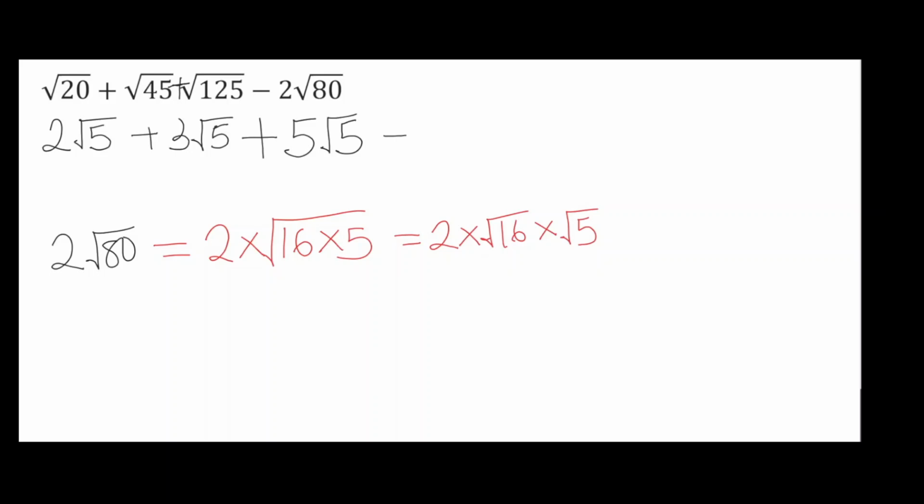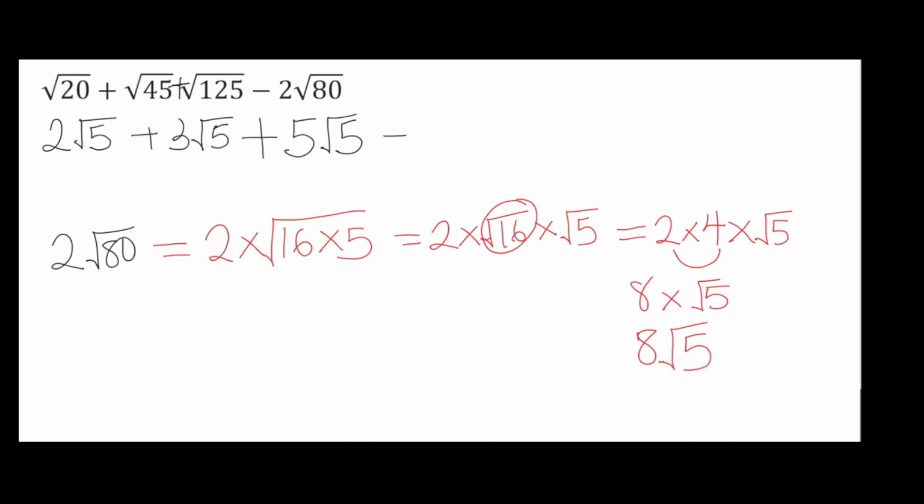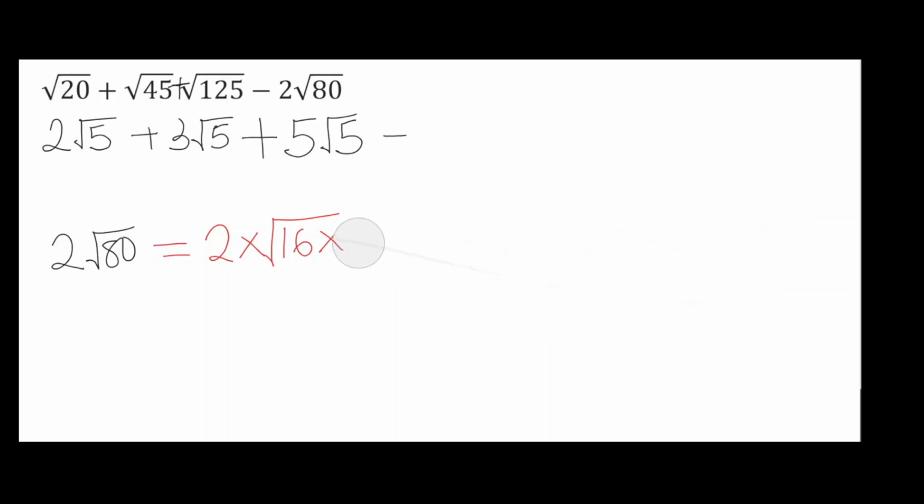And we know that the square root of 16 is 4. So we have 2 multiplied by 4, then multiplied by the square root of 5. And 2 multiplied by 4 is 8. So we have 8 multiplied by root 5, same thing as 8 root 5. So 2 root 80 can be written as 8 root 5.